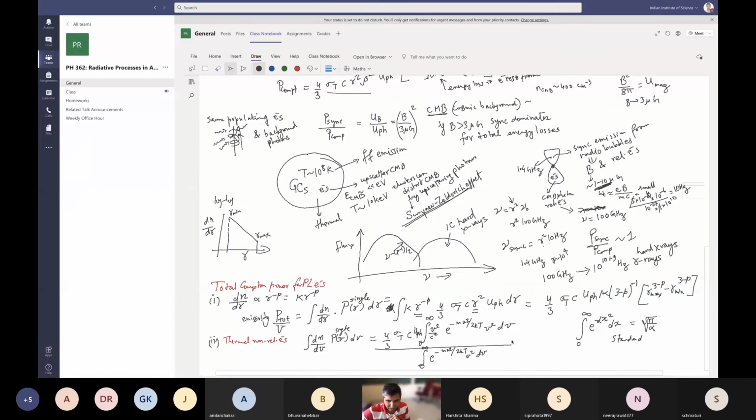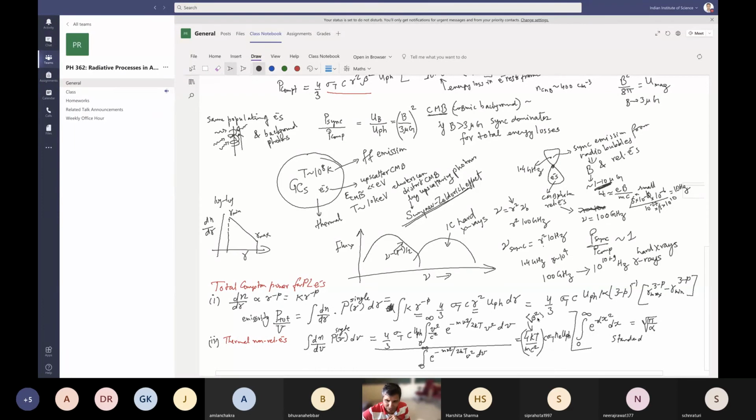Anyway, the upshot is this gives you 4kT by m c squared times n u_ph c sigma T. So this is nothing but some sort of an average value of beta squared, right?